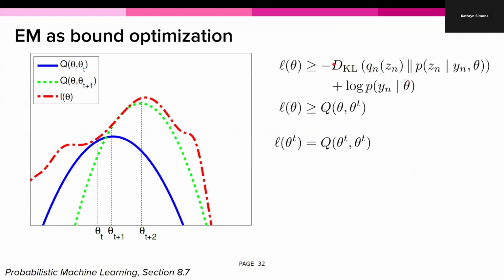And so the reason this approach works is because we're optimizing the lower bound on the likelihood function, which forces the likelihood function to improve. To show what I mean, the red line in the graph here is the log likelihood function, which in general is non-convex.